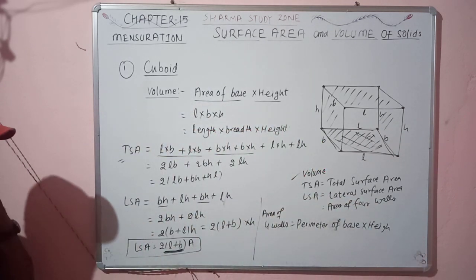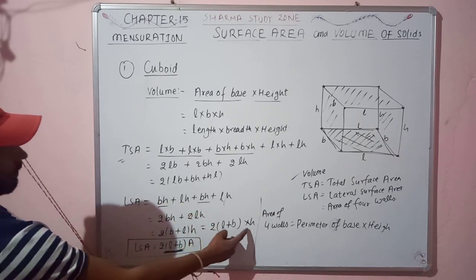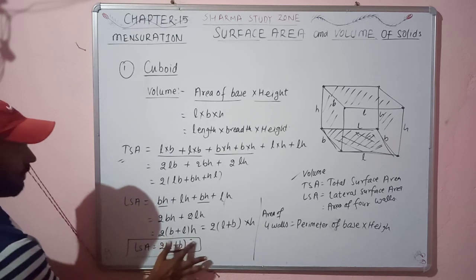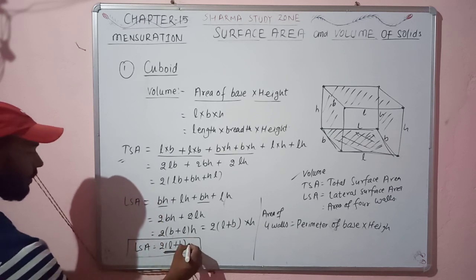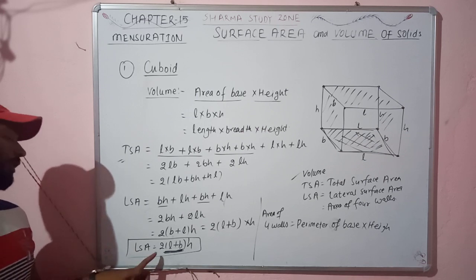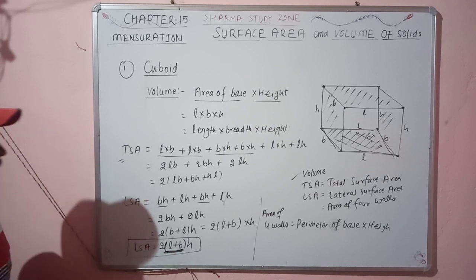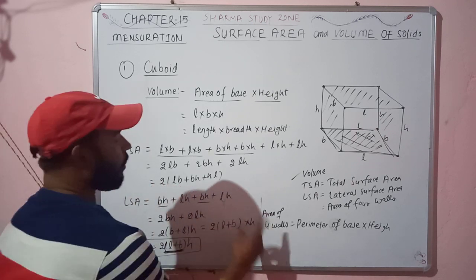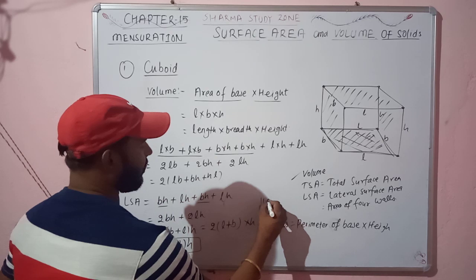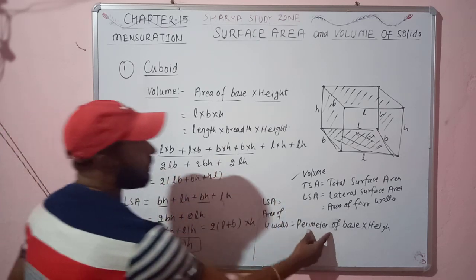Okay, I have made some mistakes over here. I have written H, but here it will also be H. So the formula for the lateral surface area of a cuboid will be 2 into L plus B into H, or you can say the area of four walls, or also LSA, lateral surface area, will be equal to perimeter of base into height.